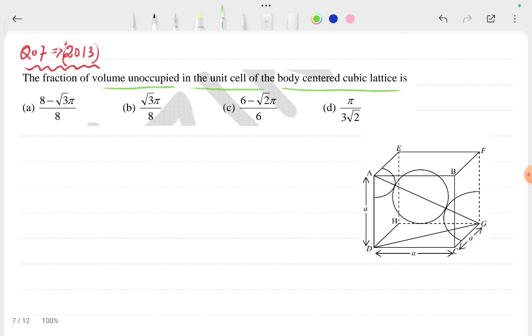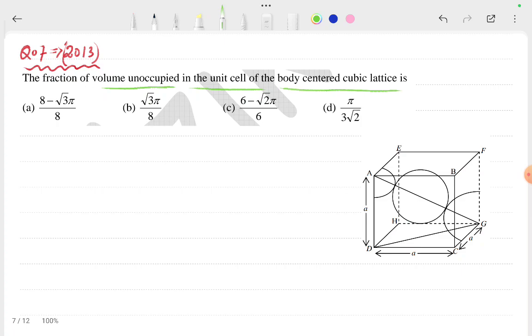So that's why we calculate packing fractions to solve these problems. Why calculate packing fractions? Packing fractions means how much fraction of volume is occupied by atoms in a unit cell, right?